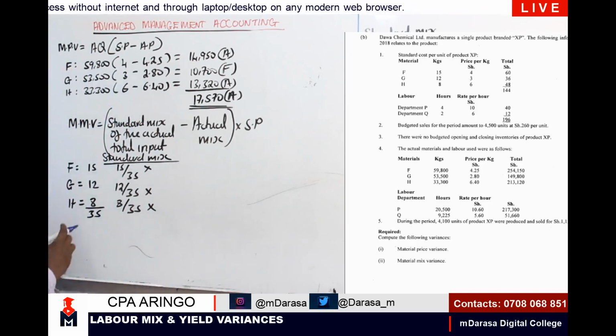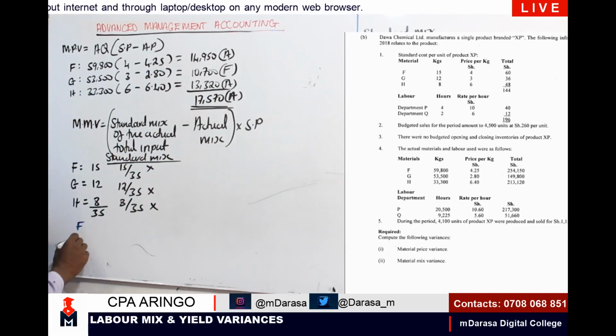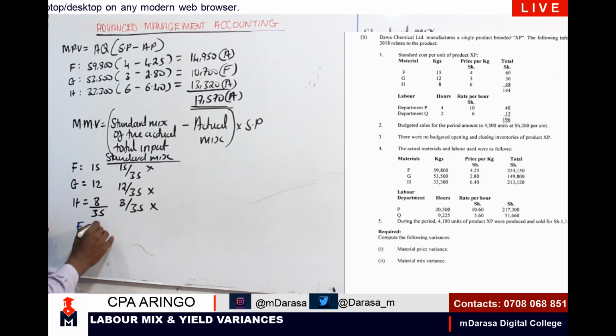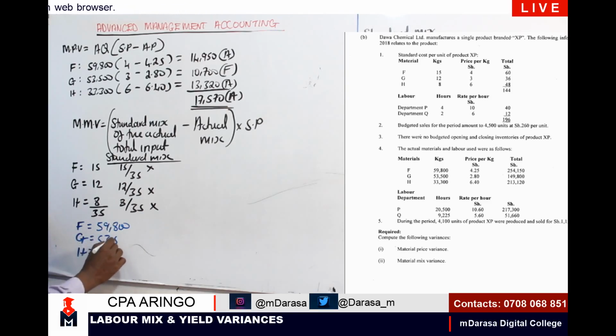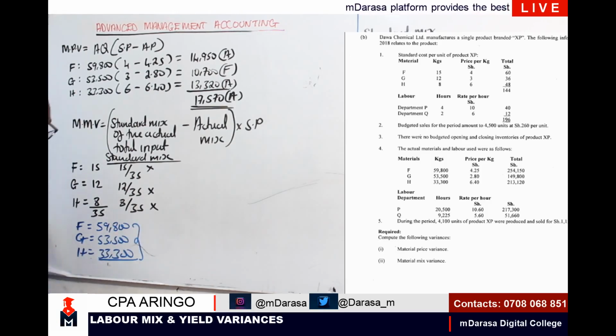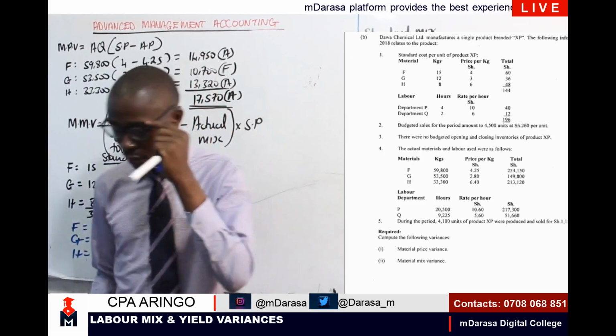So I'm having F, G, and H. So for F, we had, of course, 59,800, 53,500, and we're having 33,300. So that should give us a total of how much if we sum it up?